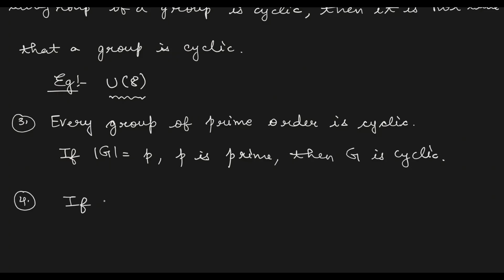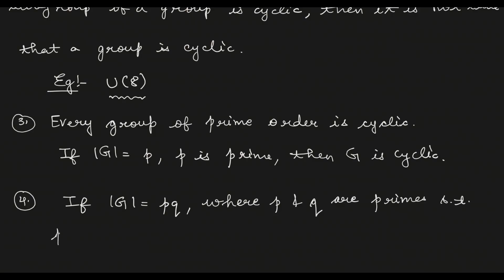Next, if order of G is equal to pq, where p and q are primes such that p is less than q and p does not divide q minus 1, then G is cyclic.